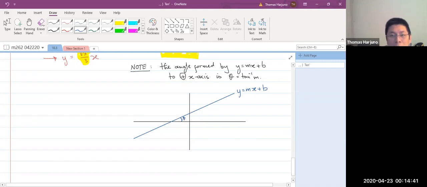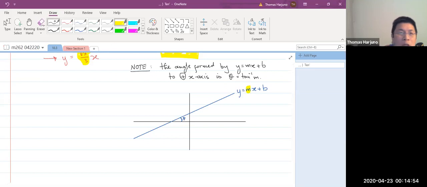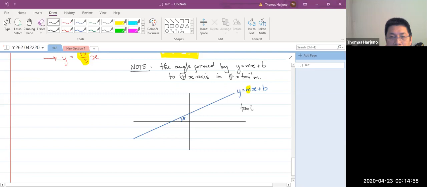Now if the slope is m, then the ratio that we have, the rise over run, will be equal to tangent theta. So tangent theta equals to the rise over run. How far you go up, and how far you go over to the right.